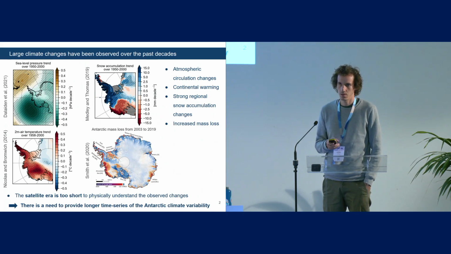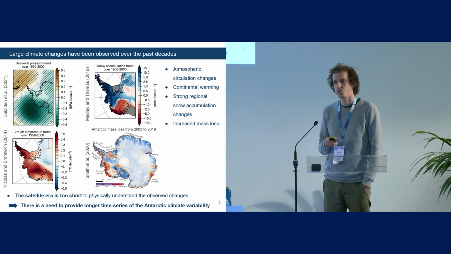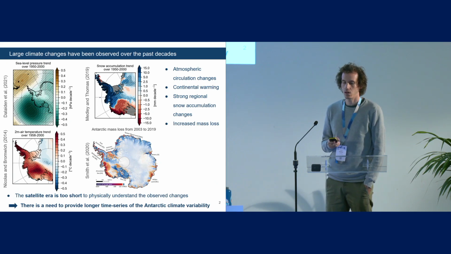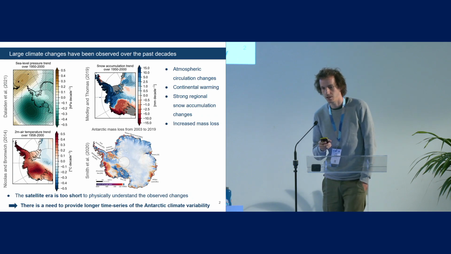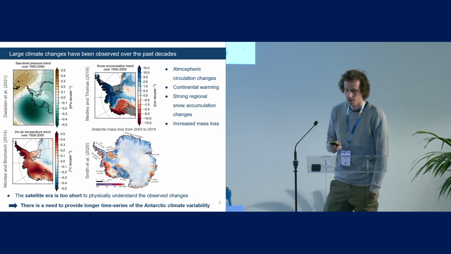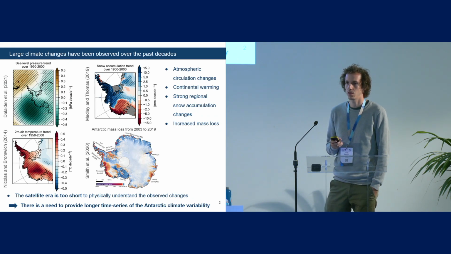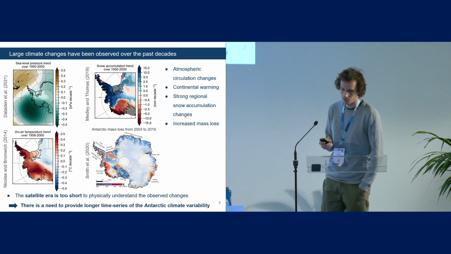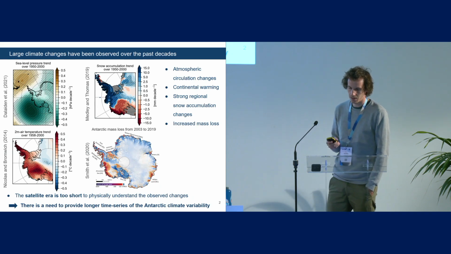As you probably know, over the past few decades, from the mid-20th century, we observe large climate changes in West Antarctica. One of them is the strengthening of the low-pressure system located off the Amundsen Sea coast, called the Amundsen Sea Low.